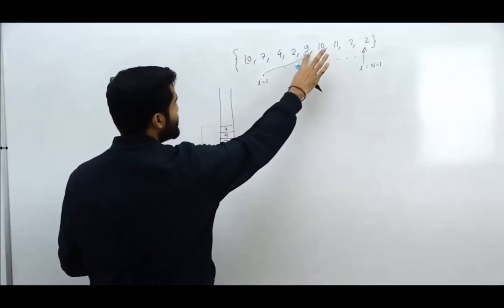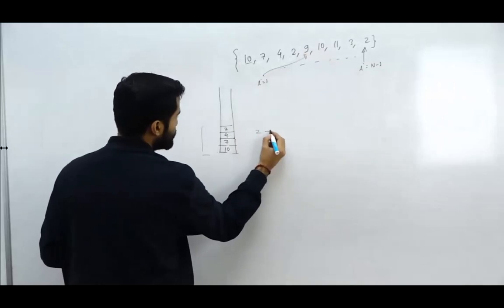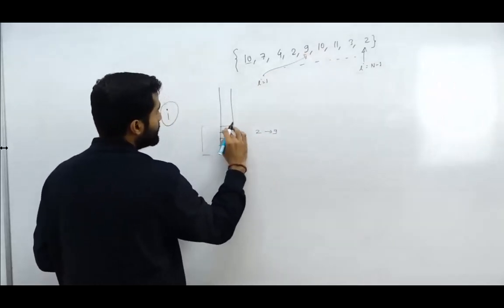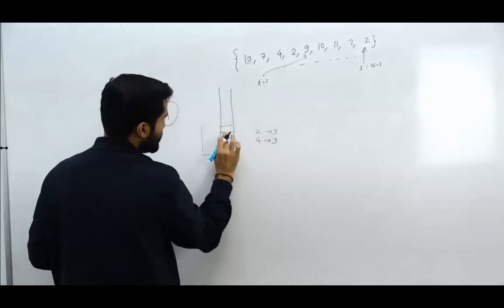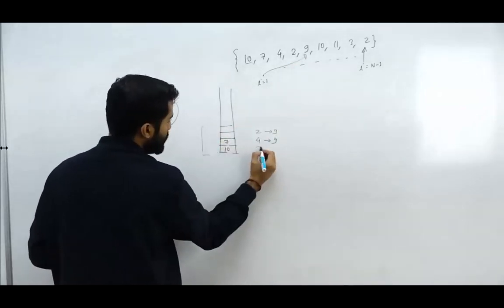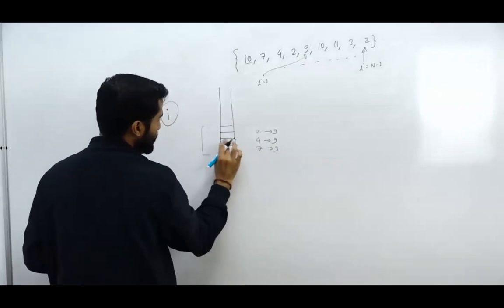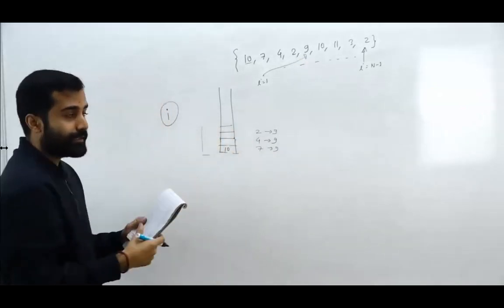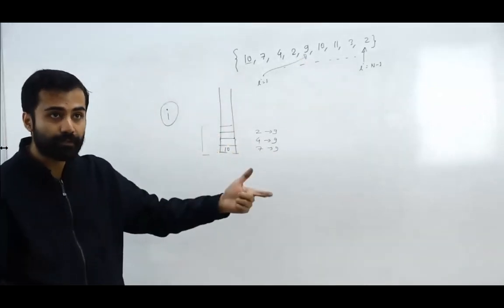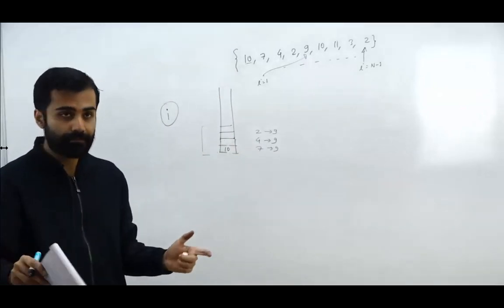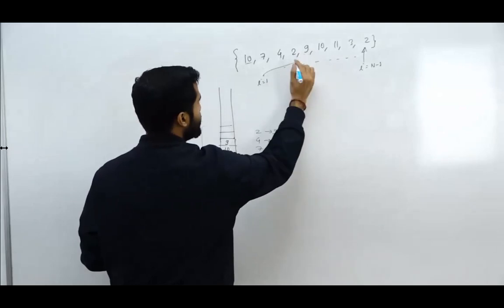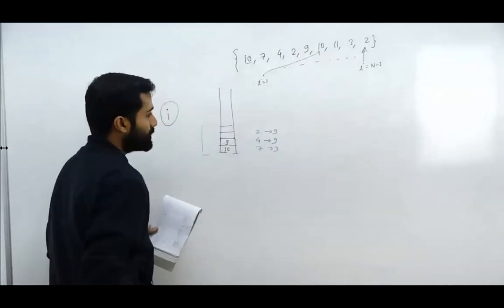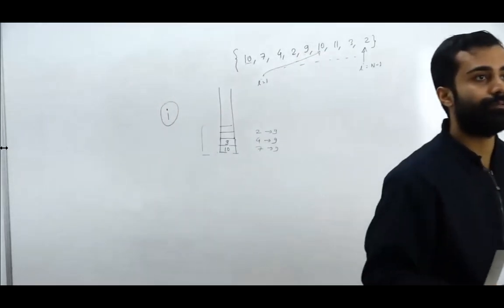So you'll say that this 9 is next greater for 2. Remove this 2. This 9 is next greater for 4 also. Remove this 4. This 9 is next greater for 7 also. Remove this 7. Now what to do? Is 9 next greater for 10 also? The answer is no. So at this point of time, you will simply push it and move on to the next element. Is it making sense to everyone what's happening?